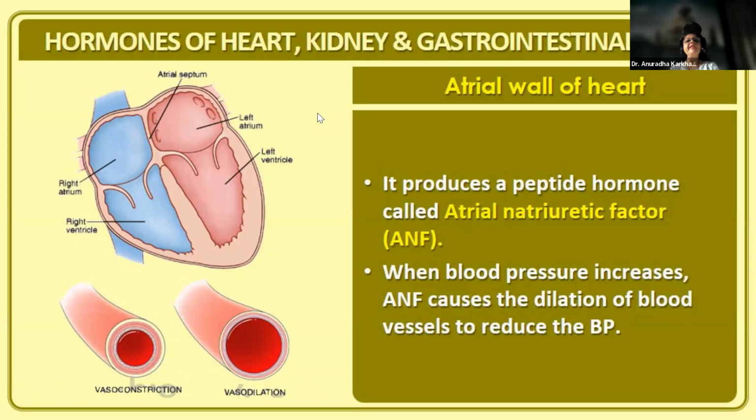When blood pressure increases, ANF causes vasodilation, that is increase in the size of the blood vessels to reduce the blood pressure. Here you can see the lumen is constricted. Under the influence of ANF, the lumen has increased. So it was small, it has become big now. Correct? And the blood pressure is now maintained. That is your ANF.